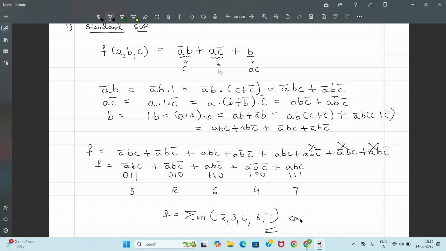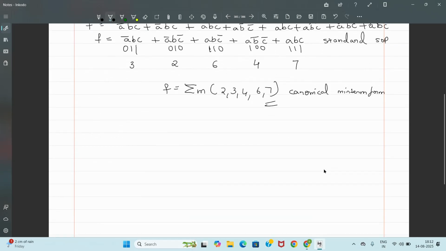This is called canonical minterm form or canonical SOP. This is standard SOP. Okay. So this is how you have to convert the given expression into standard SOP or the canonical minterm SOP form by including the missing terms. I hope this is clear.